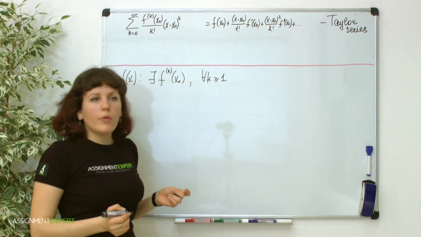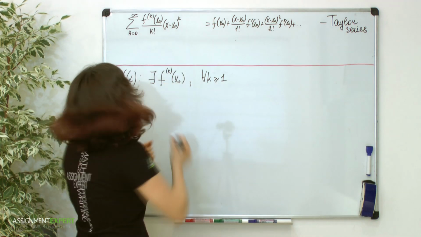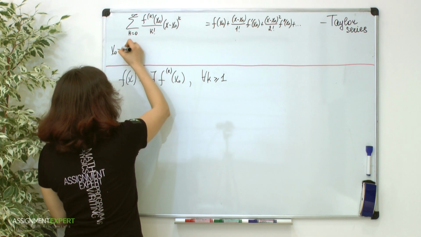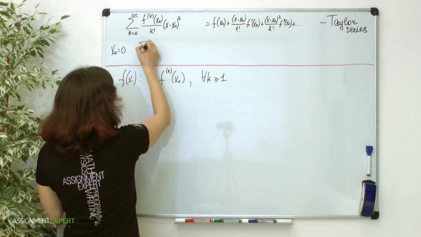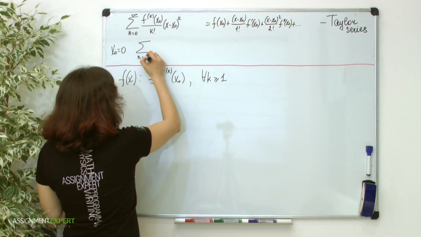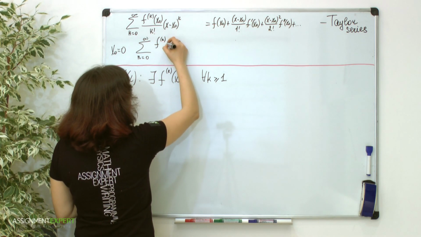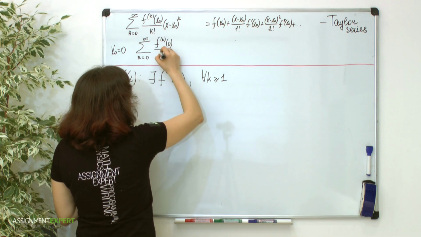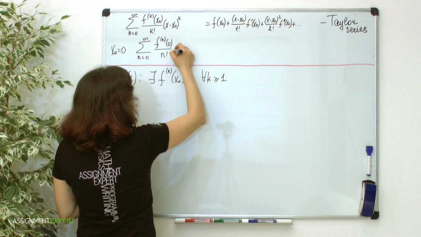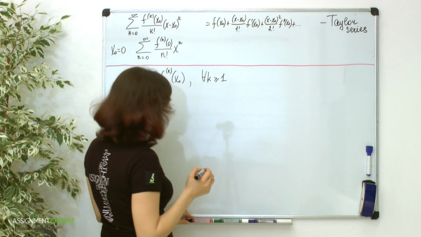In case when our point x0 equals 0, we obtain the series summing from 0 to infinity the nth derivative of f of 0 over n factorial times x raised to the nth power.